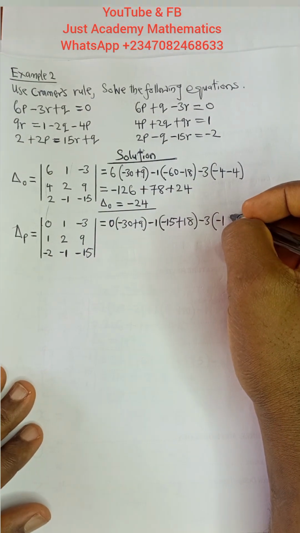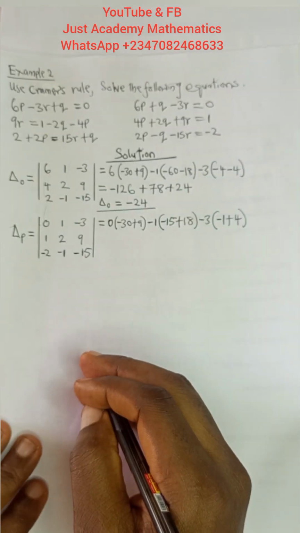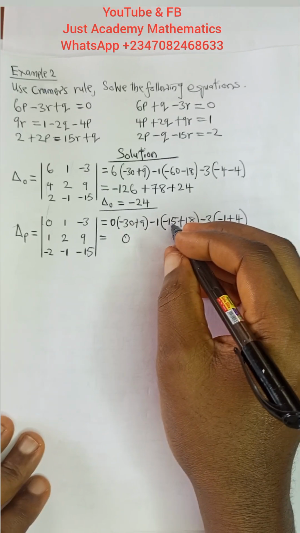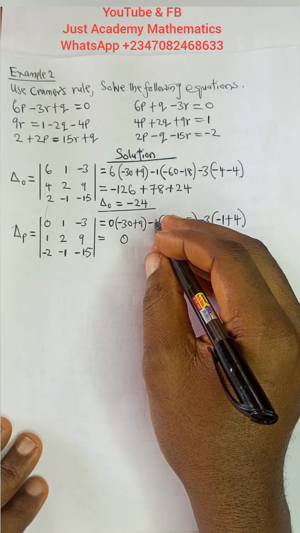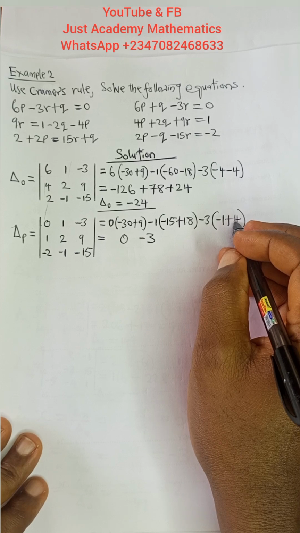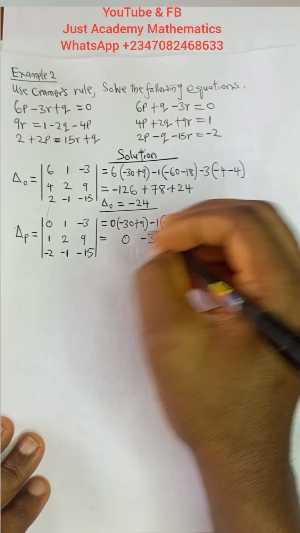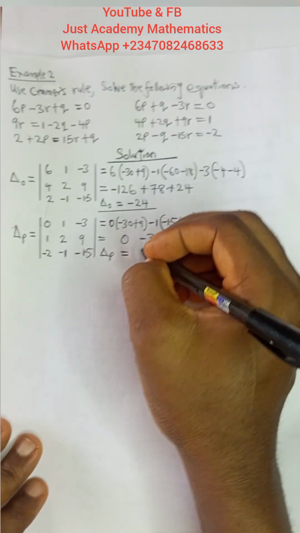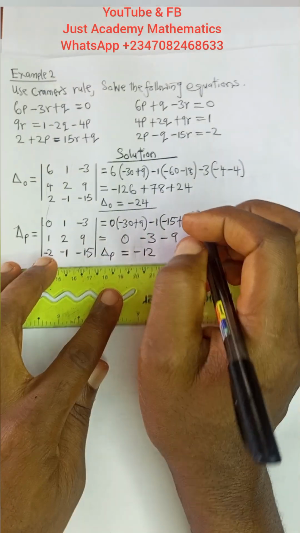Minus times minus, plus, that is plus 4. So change in P will now be equal to what? Here is 0. Of course, minus 15 plus 18 is plus 3. Plus 3 times minus 1 gives us minus 3. And this is plus 3 again. Plus 3 times minus 3 will give us minus 9. So we can now conclude that change in P is equal to minus 12.